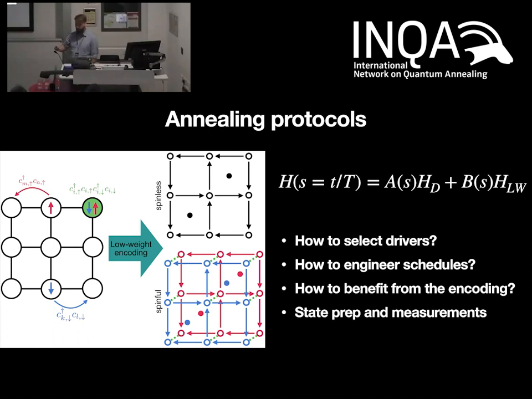So if we were to do some thermalization on the physical qubits, we'll end up in a state that is not the true ground state of our problem, but some sort of non-logical state that we don't know fully how to interpret. So we'll need to somehow solve this problem of how to benefit from this encoding. Maybe there is some way of benefiting from the fact that this is not the ground state of the physical qubits, but only the ground state of the logical ones.